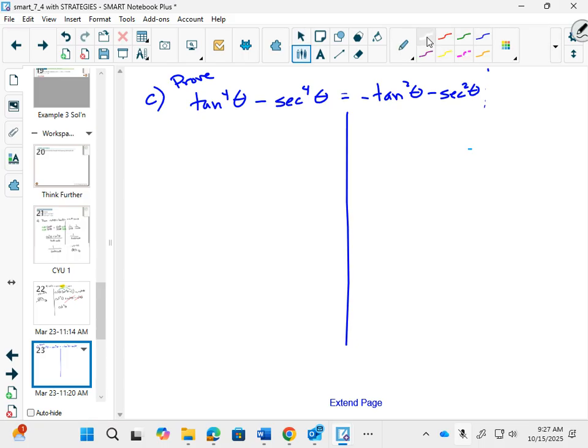And something that comes up a lot in proofs, and a strategy I'm going to get you to look for, is looking for differences of squares.